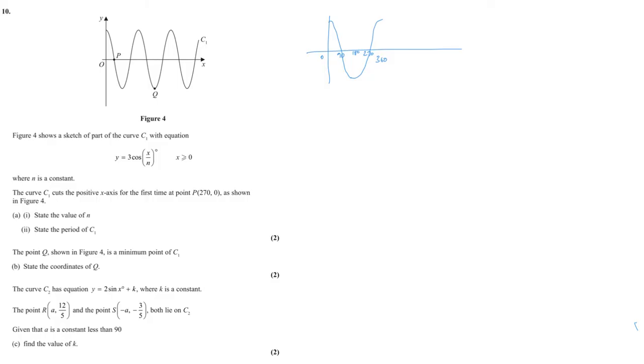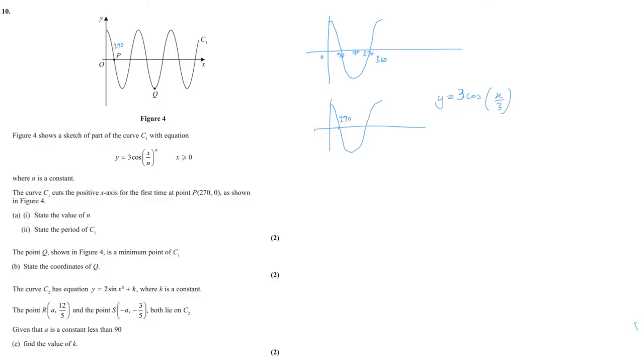Now in this graph, the point P it crosses is at 270. So the first point that this is crossing here is at 270, and it should cross at 90. So that's 3 times as far. So this is y equals 3 cos x over 3.